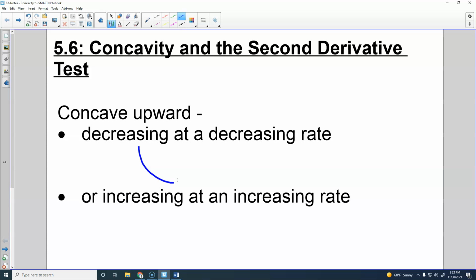So it's definitely decreasing, and if we think about our rate of change, how quickly this is decreasing, our rate of change is our tangent, right? Here, our rate of change is pretty steep, but here, not so steep. Right here, not steep at all, right? So this is decreasing at a decreasing rate.